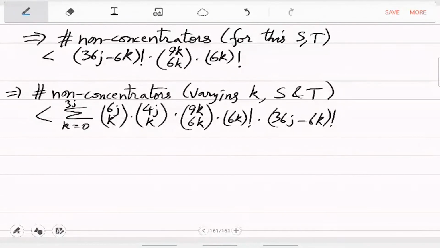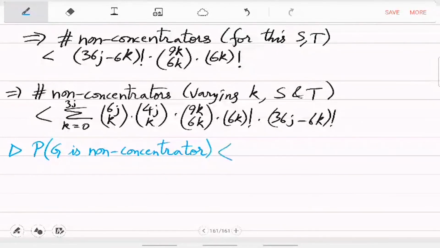So which means that the probability of hitting a non-concentrator, that G is a non-concentrator, is less than the above thing divided by 36j factorial, right?